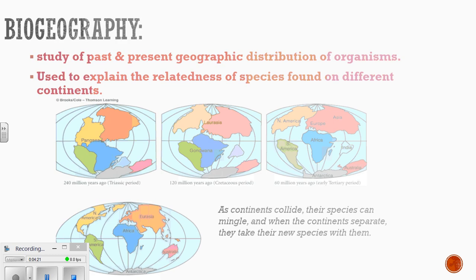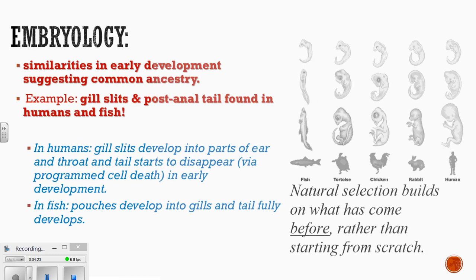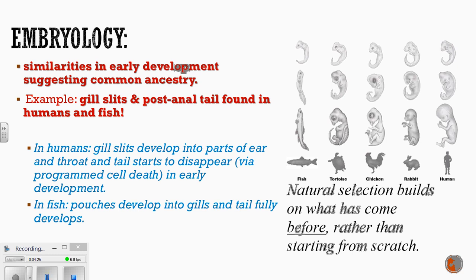Okay, next line of evidence, embryology. This is studying early development. There are similarities in early development of different species that suggest a common ancestor for these species. Example, gill slits, or gills, and postanal tails are found in embryos of humans and fish.